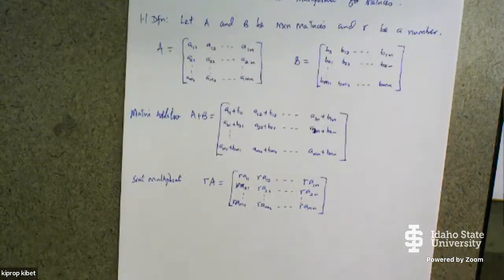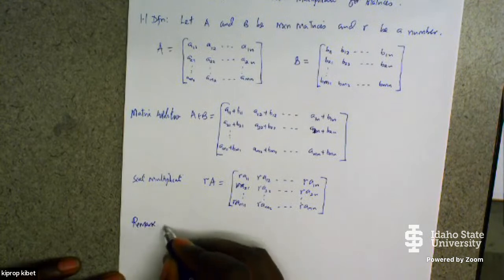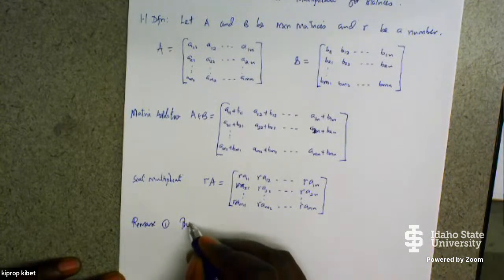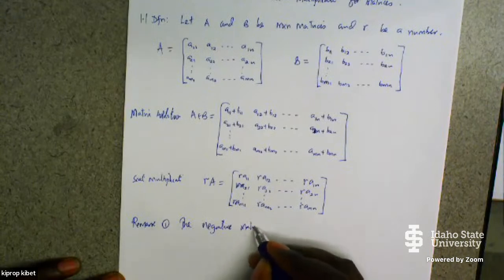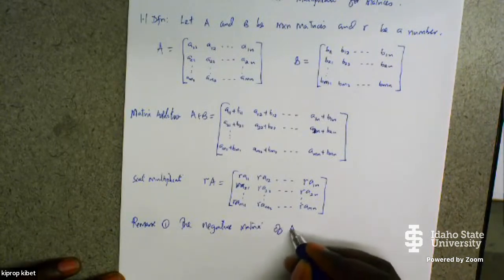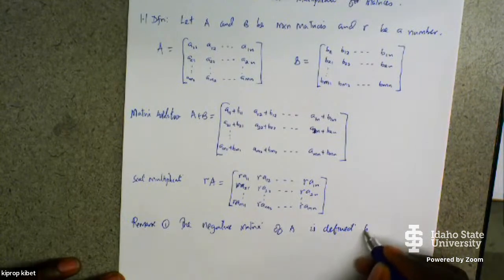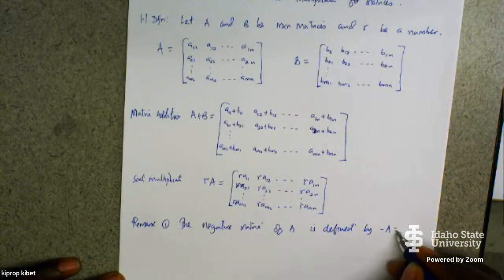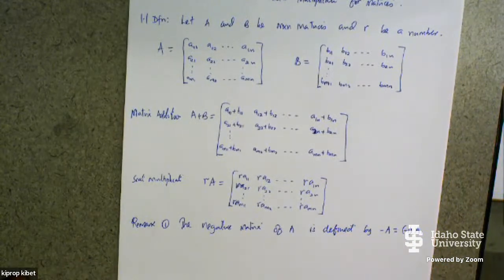Now, the remark. Number one, the negative matrix of A is defined by negative A, which is the same as -1 times A. That is a negative.